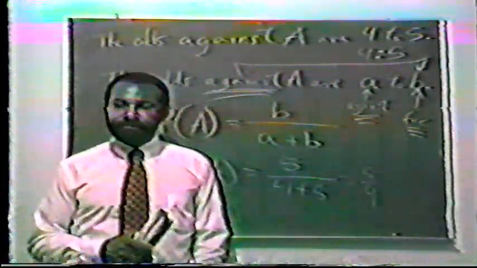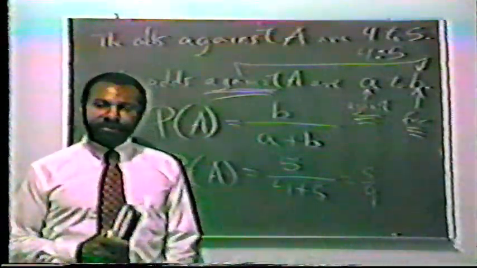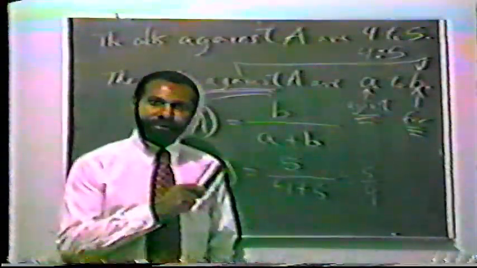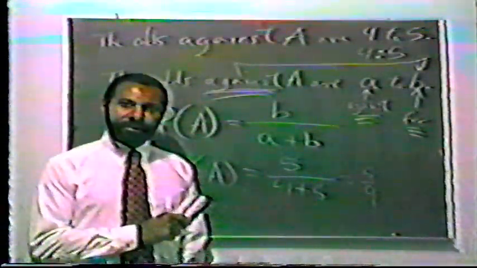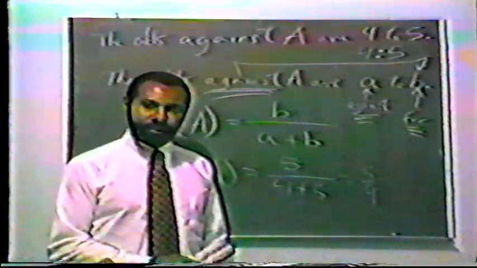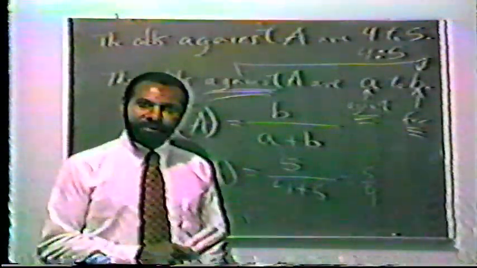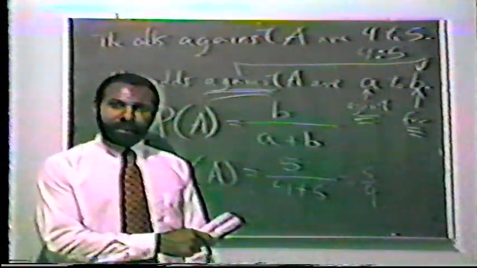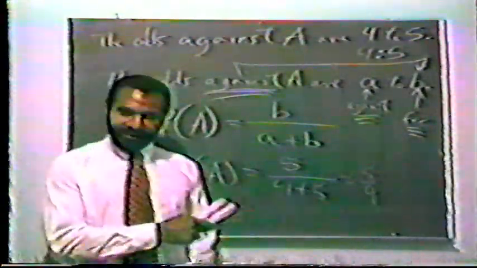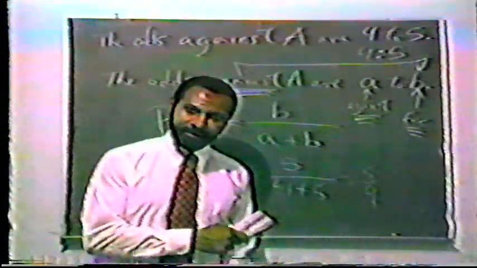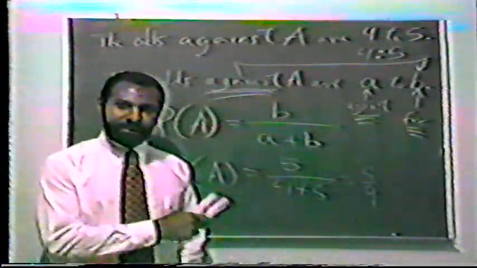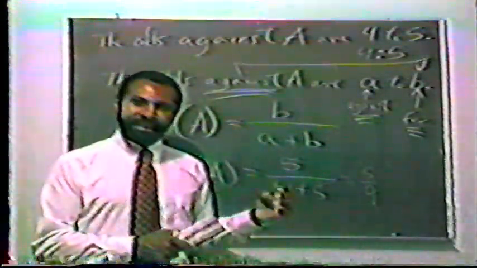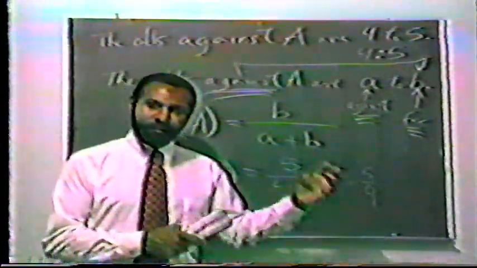Once again, if you know the odds for something, the first number in the ratio goes on top. You add the two numbers together, that goes on the bottom. That gives you the probability for A. If you know the odds against A happening, then the first number in the ratio is the against part, the second number is the for part.